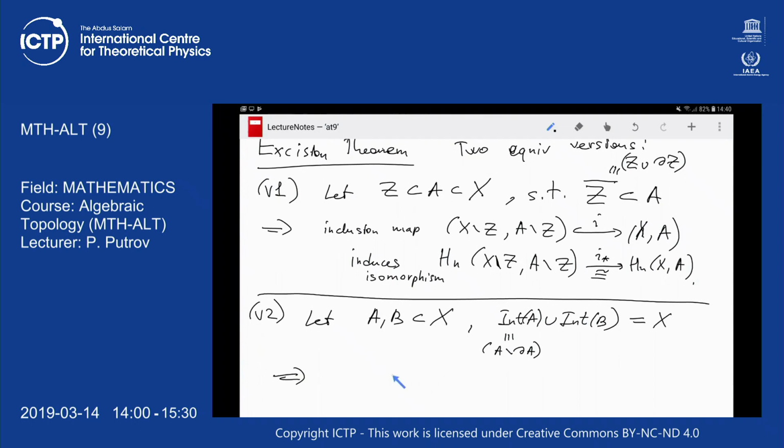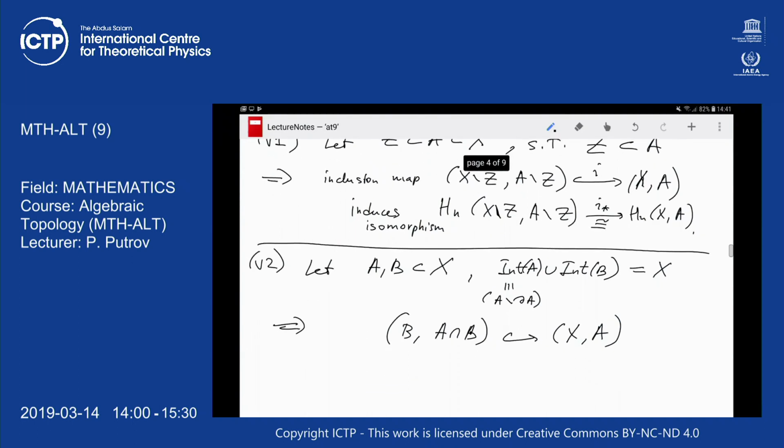Then the statement is that the inclusion of the pair B, B intersect A, which is a subspace of B, into X, A also induces an isomorphism between the corresponding relative homologies.